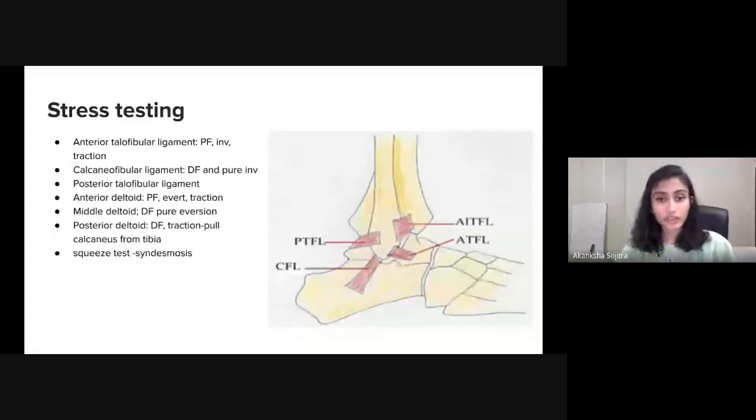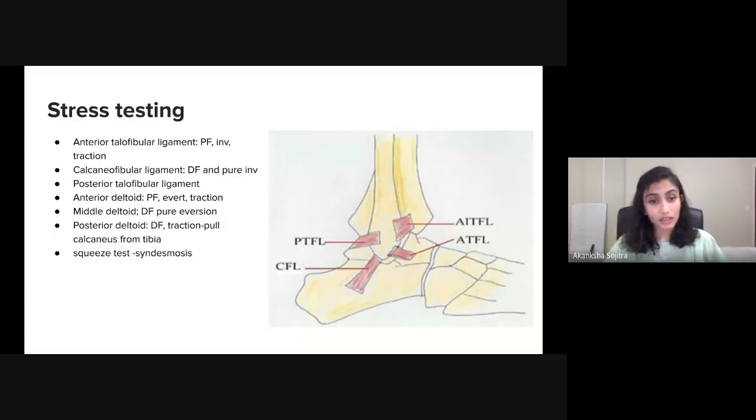For the calcaneofibular ligament, you bring the ankle in dorsiflexion and you create a pure inversion because it's more of a posterior ligament. For the posterior talofibular ligament, you're trying to stabilize the tibia, and then create an internal rotation force.